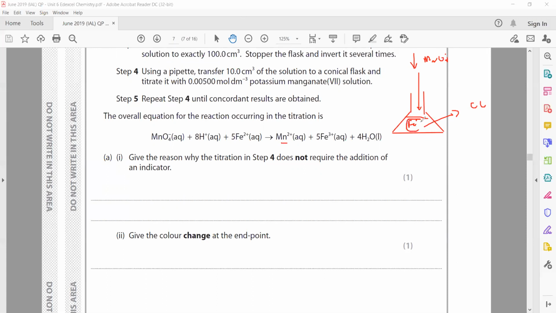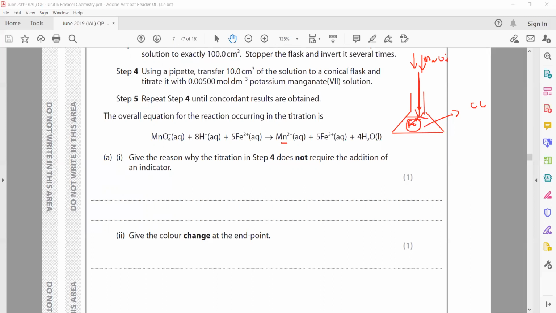Once all of the iron is used up, there is no more iron left behind. Then when we add extra potassium manganate, the manganate ion will not react and the solution will turn purple. Because a small amount is there, pink is the right word. If it is concentrated, then it is purple. Normally it is pink in color.